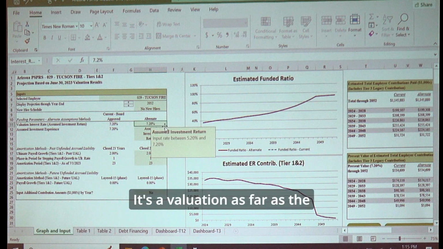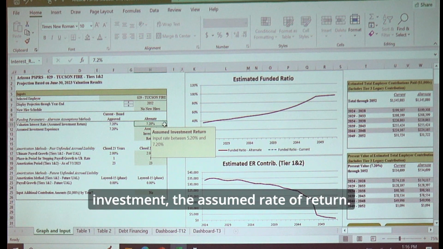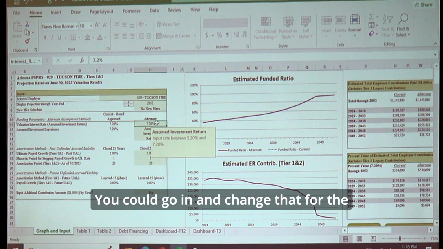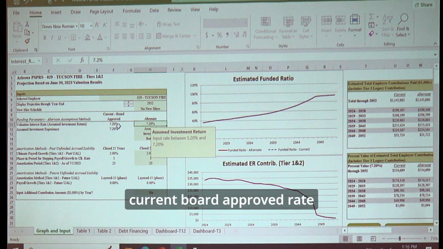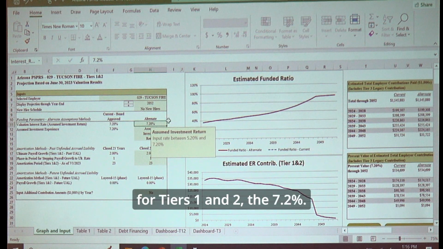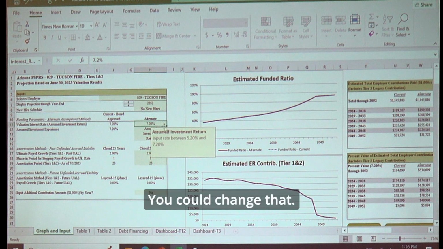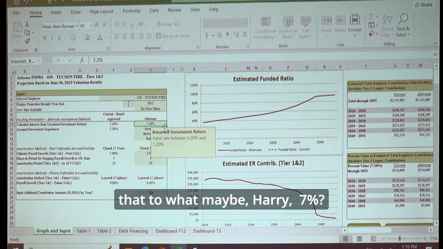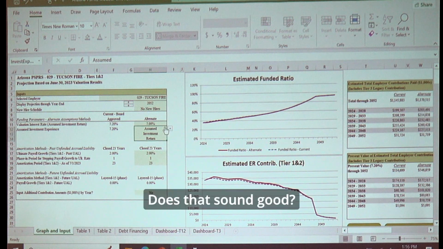Valuation, as far as the investment, the assumed rate of return. So you can go in and change that from the current board approved rate for tiers 1 and 2 is 7.2%. You can change that. And one of the things that we'll do here is we'll change that to what? Maybe, Harry, 7%? Does that sound good?